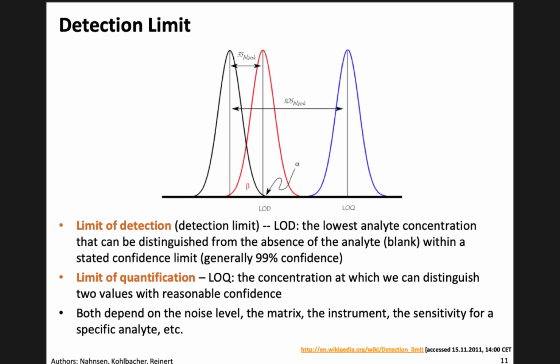The problem, what's the problem with this type of calibration? Why does barely anybody in proteomics do calibration curves on their instruments? Say, yes. If you want to quantify 10,000 proteins, what do you need to do?